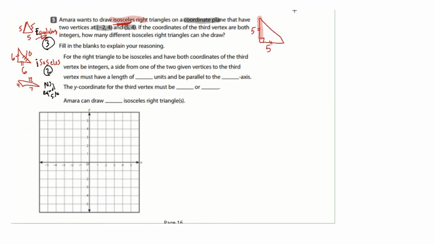So you need to know isosceles for this one. We need a right triangle, where the sides form a 90-degree right angle. You could also have it upside down like this, as long as you have that right angle. Let's say this is 9, this will have to be 9 as well.